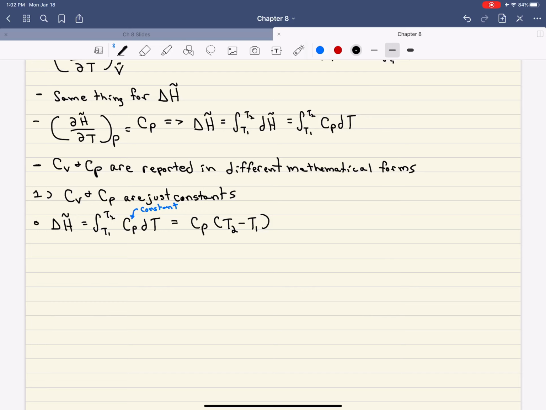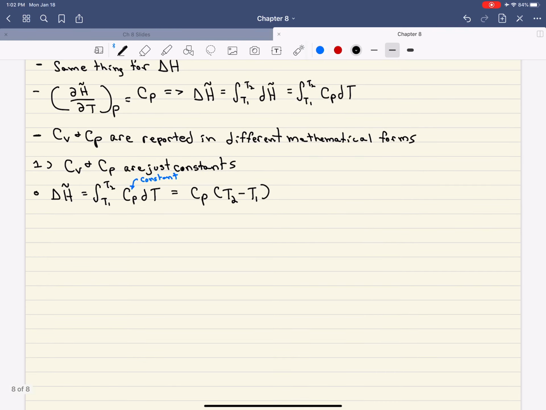Now, you've seen this form of delta H before. Let's think back to the previous video where we defined and derived our Cp. Think back to the constant pressure experiment.